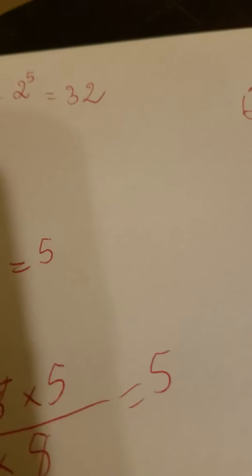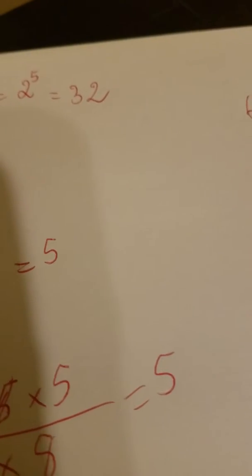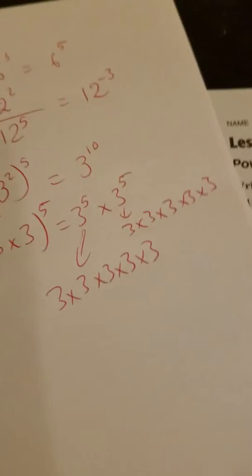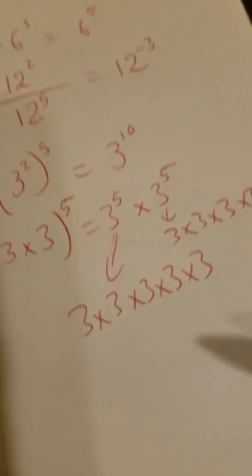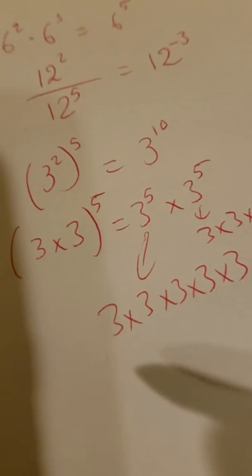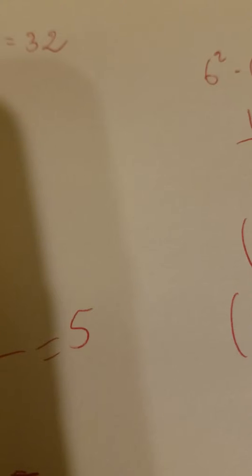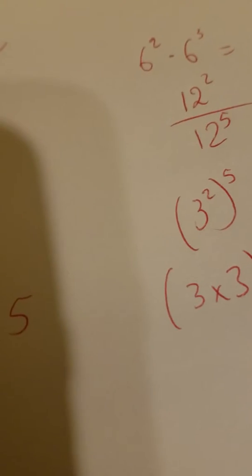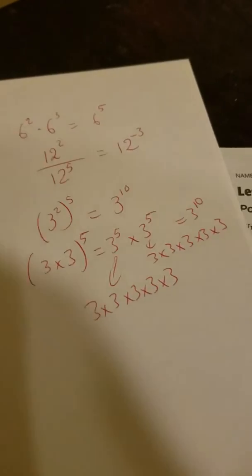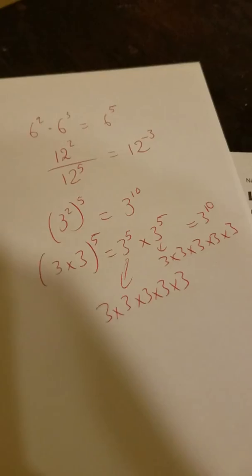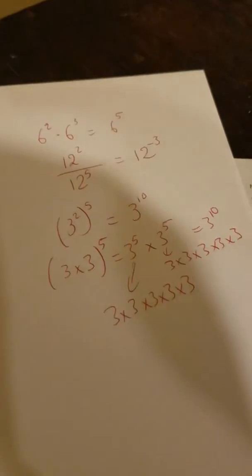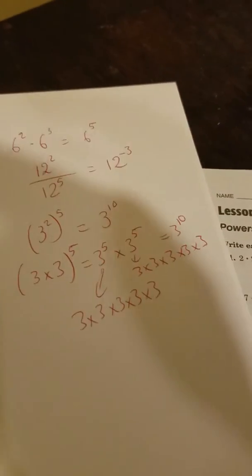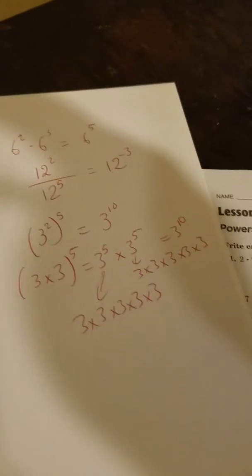And if you remember how to write multiplication in exponents, you count how many 3s you have. 1, 2, 3, 4, 5, 6, 7, 8, 9, 10. So it's 3 to the power of 10. So this is just an example that every exponent rule has an explanation. If you break it down, you'll find the answer.